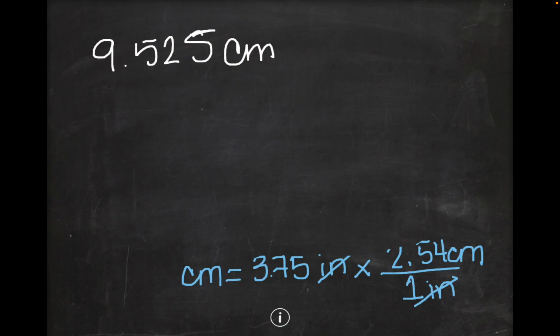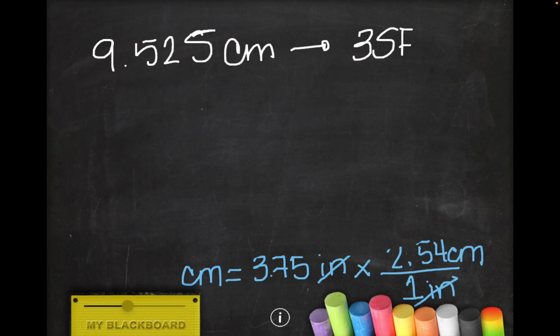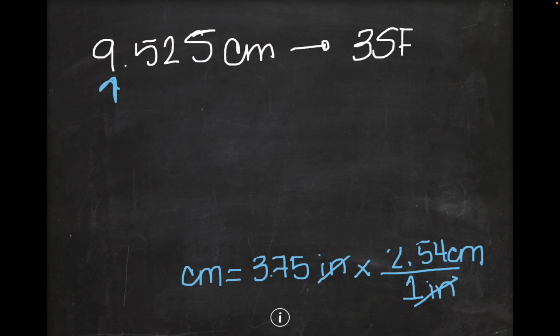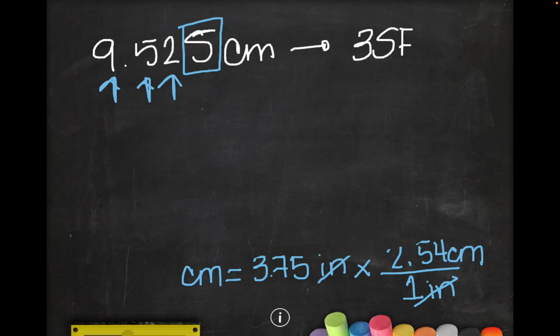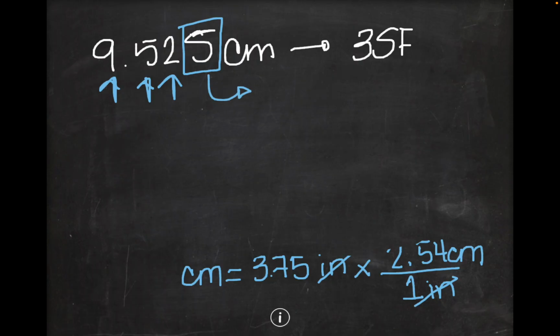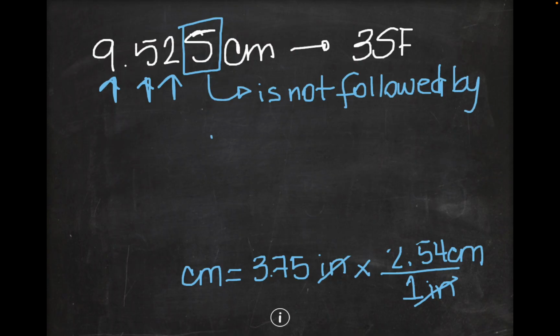If I ask you, class, to round to 3 significant figures, that your answer must have 3 significant figures, it means that you're going to keep the 9, you're going to keep this 5, and you're going to keep this 2. But notice that following the 2, you have a 5. But this 5 is not followed by non-zero digits.